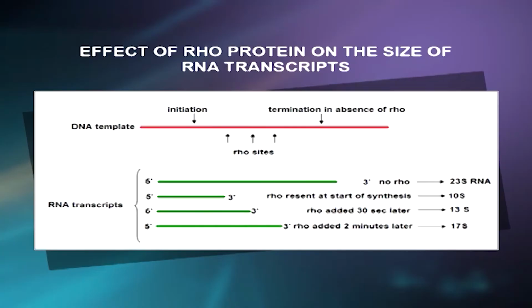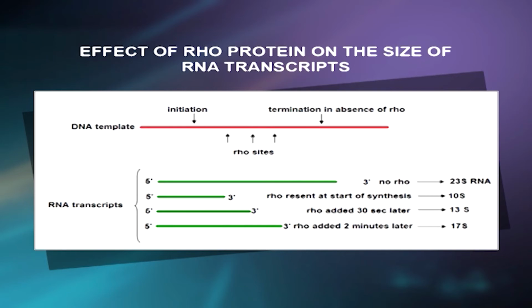Additional information about the action of Rho protein was obtained by adding this termination factor to an incubation mixture at various times after the initiation of RNA synthesis. RNAs with the sedimentation coefficients of 10S, 13S and 17S were obtained when Rho was added at initiation, a few seconds after initiation and 2 minutes after initiation respectively.